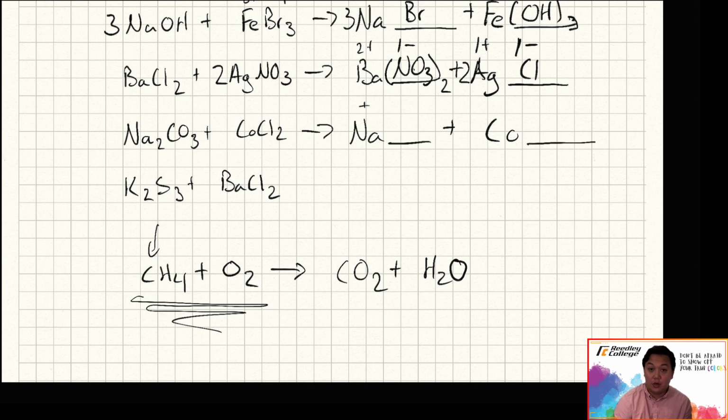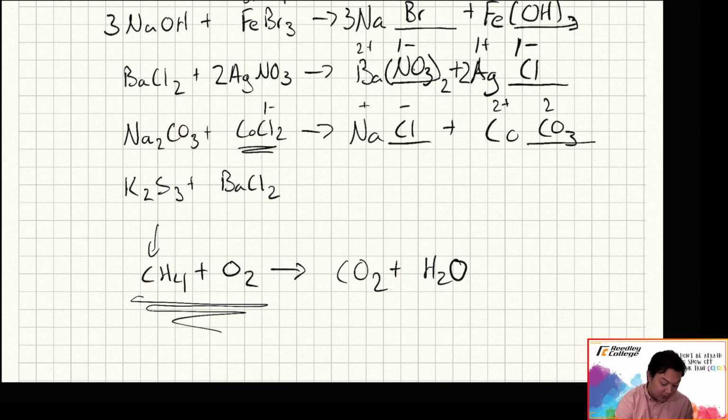Cobalt, again, we need to determine the charge on cobalt. But since it's bound to a chlorine over here, the chlorine we know has a 1 minus charge, or a 1 minus oxidation state, times 2 means that cobalt is going to have a 2 plus charge. So then we just swap our anions.